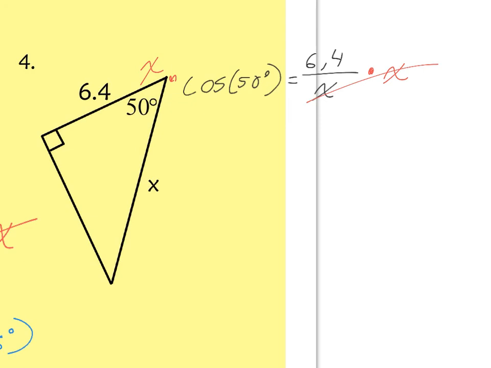That's going to leave me with x times cosine of 50 degrees equals 6.4. I'm going to divide by what I want rid of there, so divide by the cosine of 50 degrees.